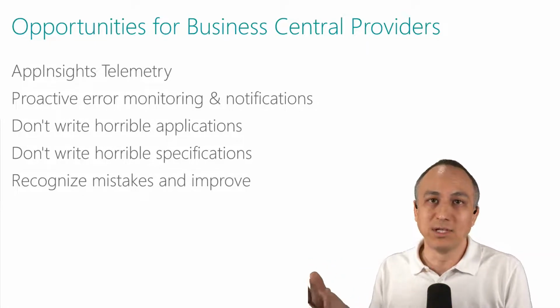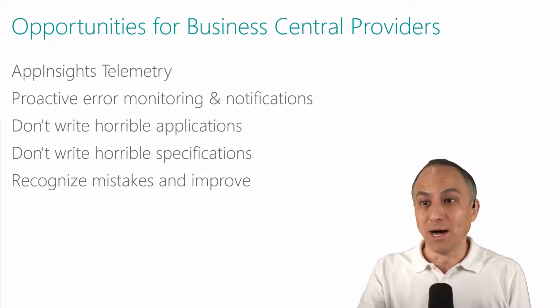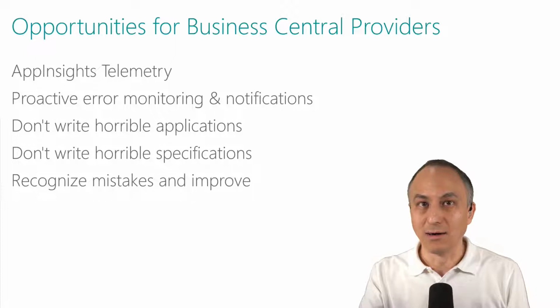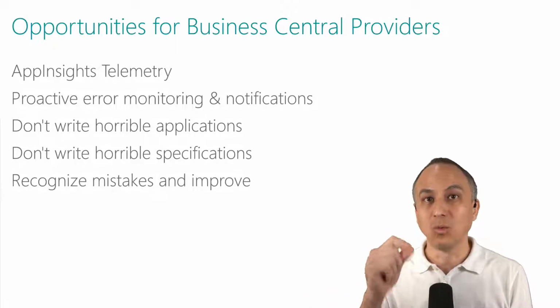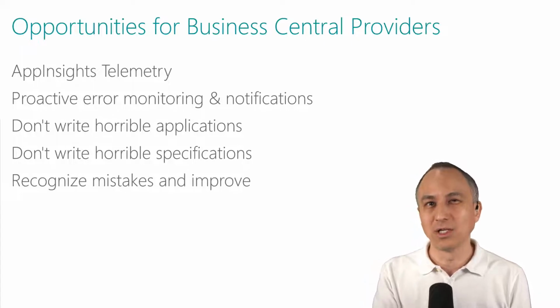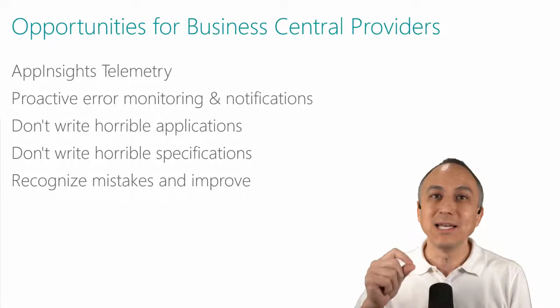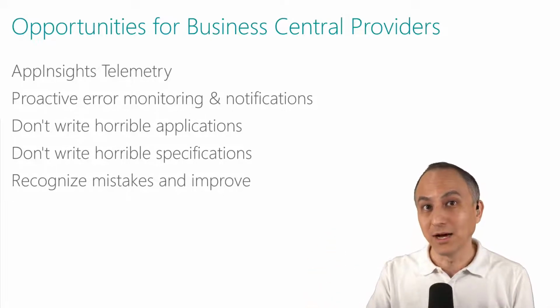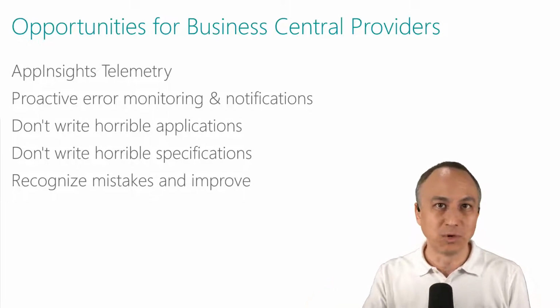And I haven't used a million products, but I can see that my application had an error. I can see that my application did X, Y, or Z, and we can have proactive notification of that. I can email my customer if they encounter an error with my application before they even submit a support ticket.